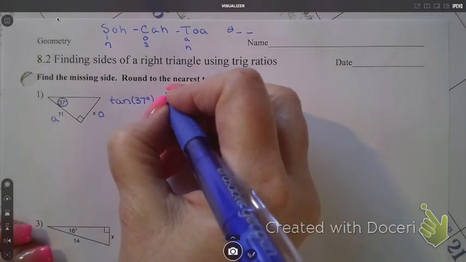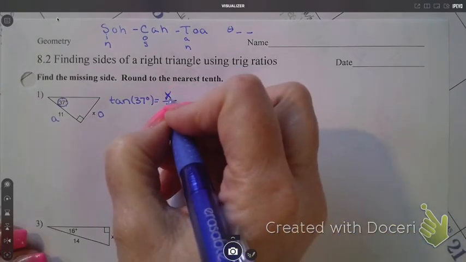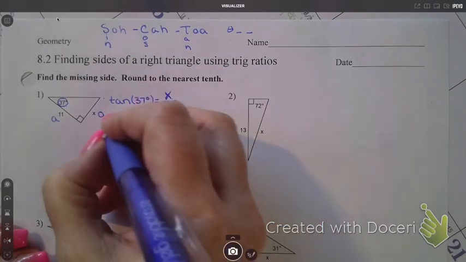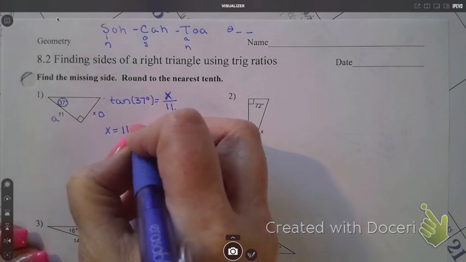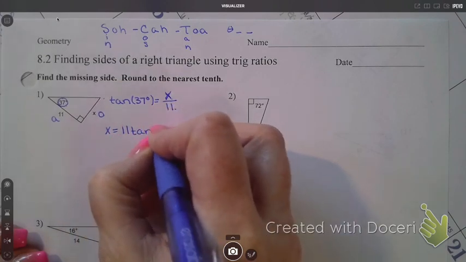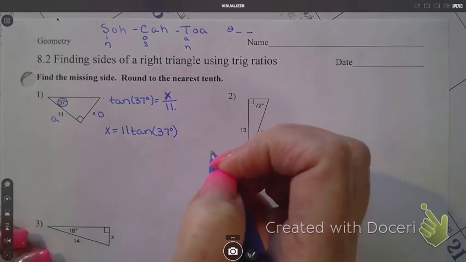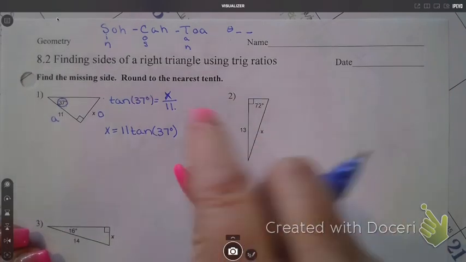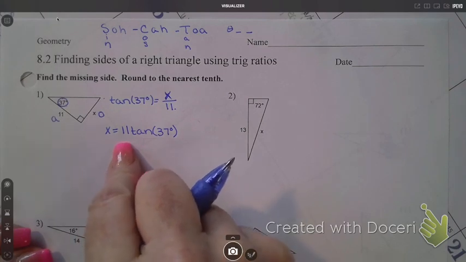So now we've solved ratios for a long time now, haven't we? Yeah. So I need to solve for X, so I multiply both sides across by 11. So X equals 11 times the tangent of 37 degrees. Now, I am going to show you how to use your calculator before I let you go today, before we stop doing notes, but not right now. This is the most important part, because we mess up things when we put them in the calculator a lot.